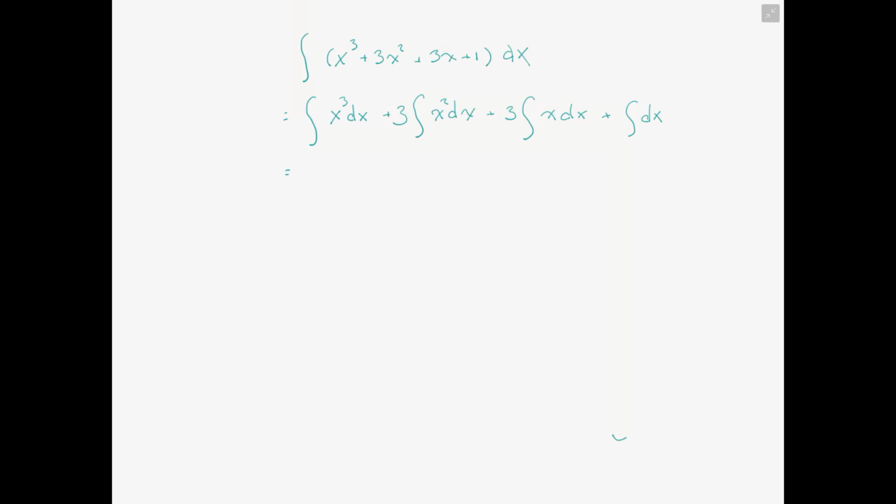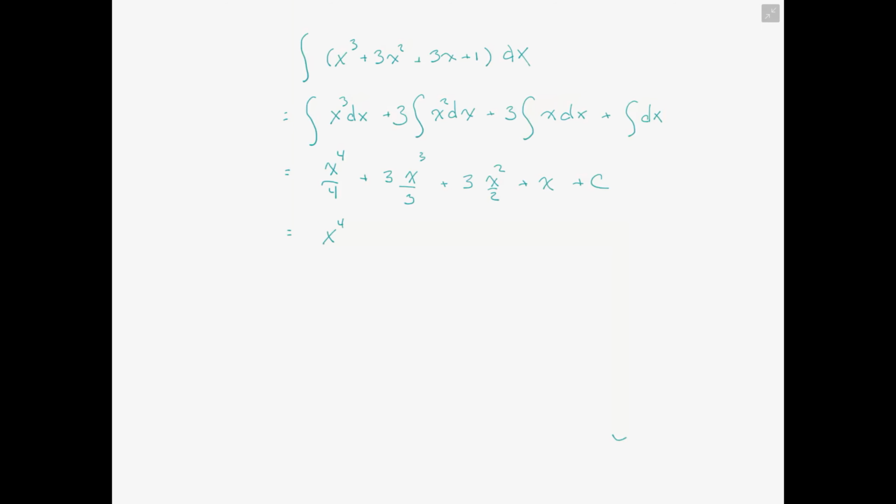Now we can apply our polynomial formula, which gives x to the fourth over 4 plus 3x to the third over 3 plus 3x squared over 2 plus x plus c.